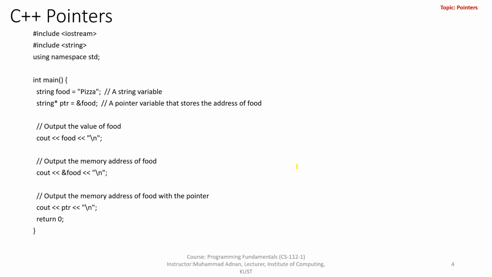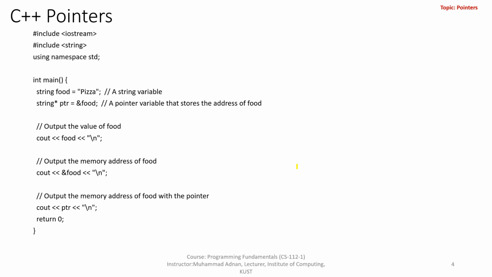We assign the value pizza to it, and then we declare a pointer variable. How? You write the data type, which is string, then the asterisk operator, and then the name of the pointer, in our case ptr. Then we assign it the address, not the value, of the food variable.